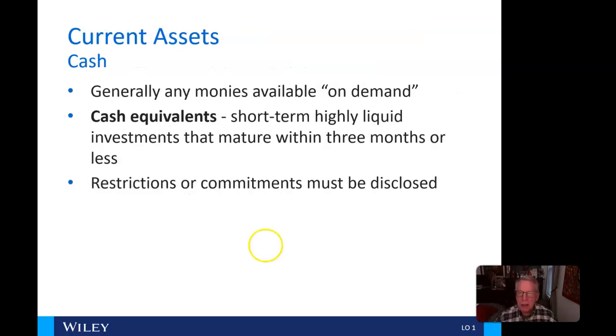Okay, cash. Generally, cash is any monies that are available on demand. Our checking account, basically. Cash equivalents are short-term, highly liquid investments that mature within 3 months or less.